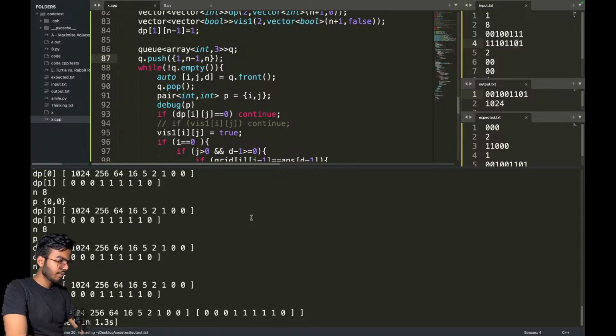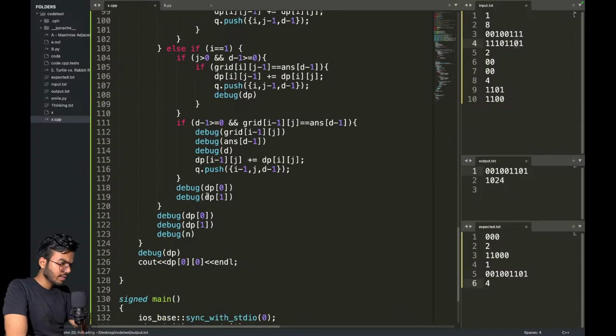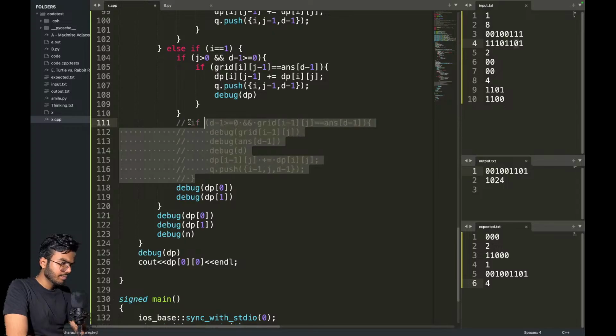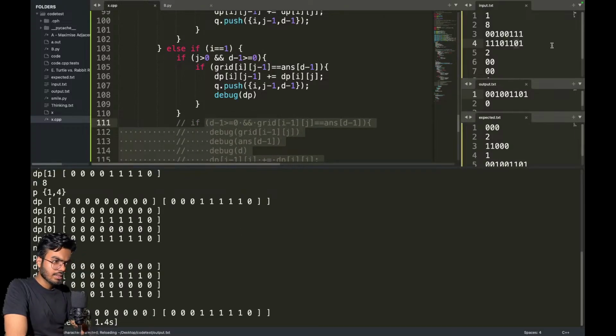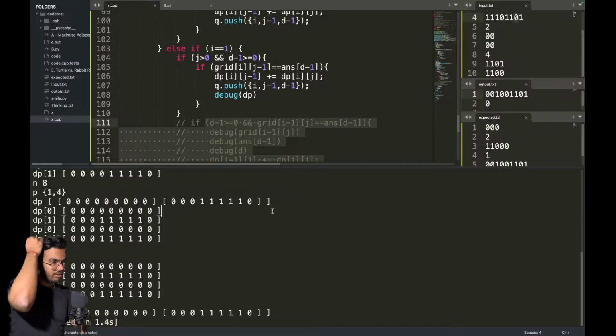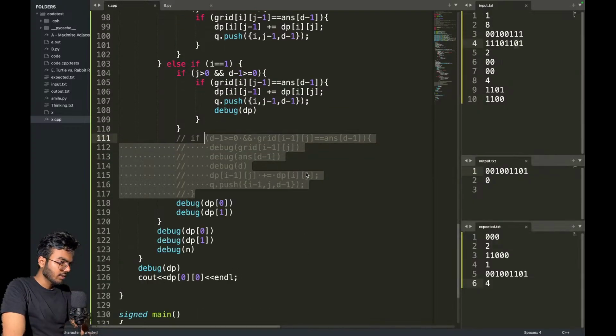And if it is like this, then we are getting a huge answer, which is wrong. And like this also we are getting a huge answer, but it is definitely wrong, because I need to go in the up direction also. I can't just keep going left and think that this will work.